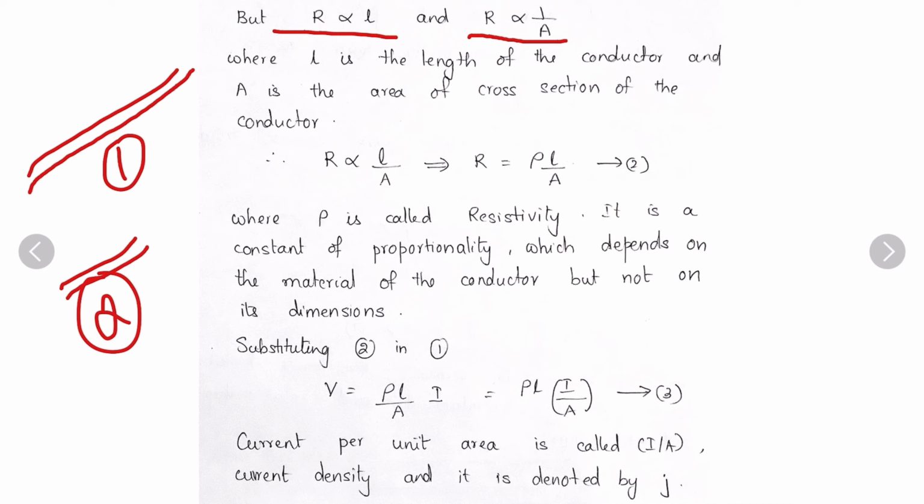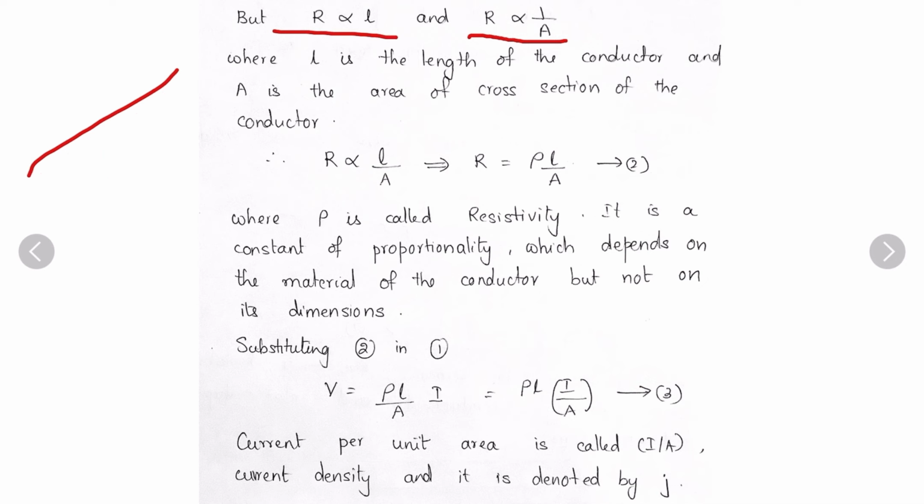That means current flows freely with a small wire. That is, resistance is proportional to L. Current flows freely for a short wire because resistance is less for the short wire and resistance is more for the long wire.